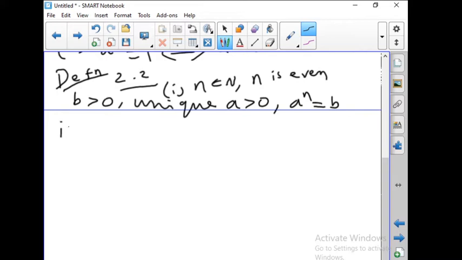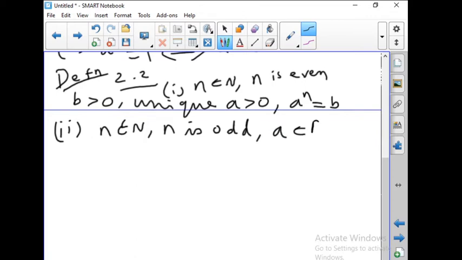And the second one is when n belongs to N and n is odd, and a belongs to R such that a power n equals b. So in both cases a is called the nth root of b.